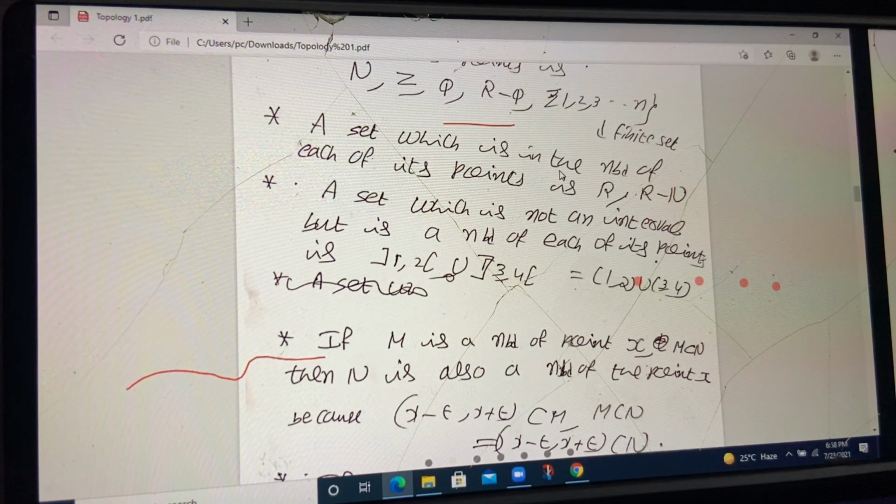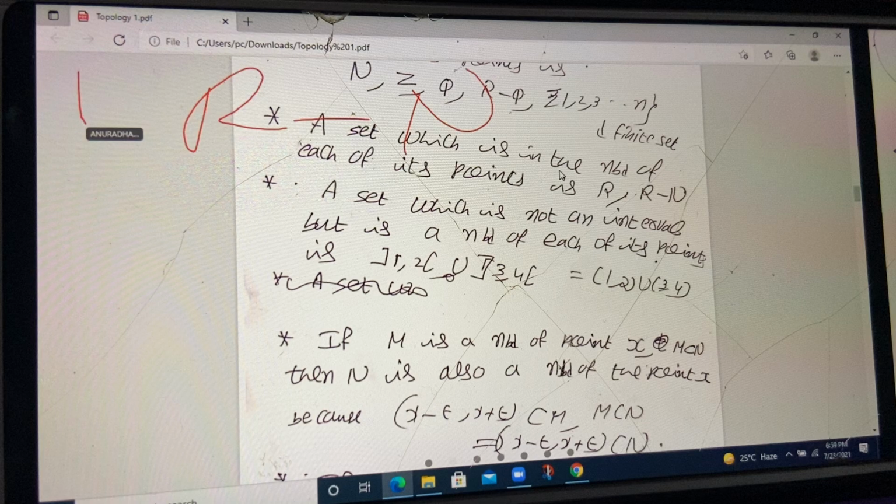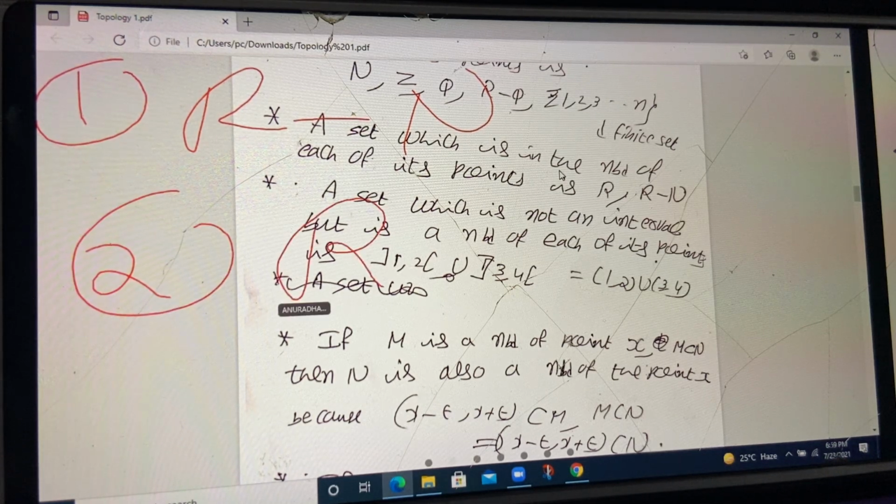Example of a set which is not an interval, but it is in the neighborhood of each of its points. Example number 1: R minus N. These are examples which are not intervals, which are unions of intervals but not an interval, but it is in the neighborhood of each of its points.